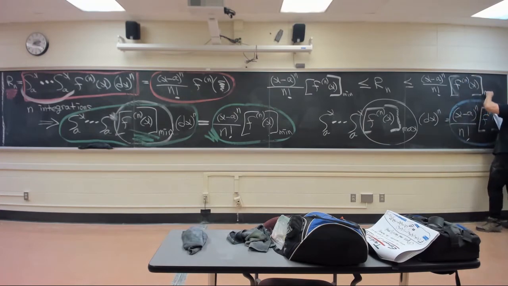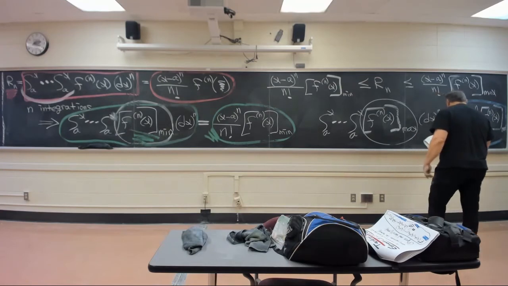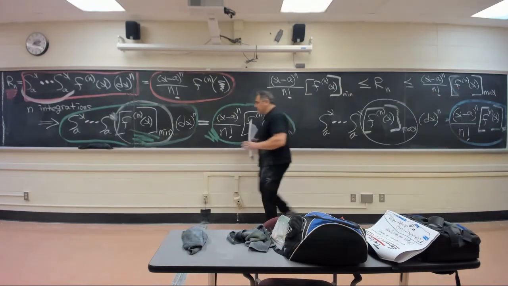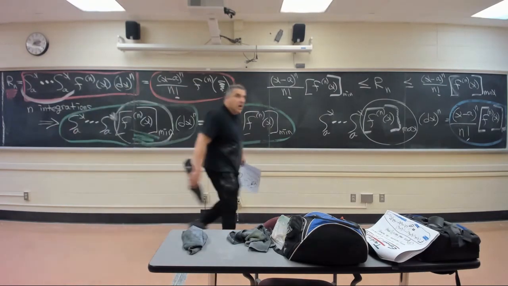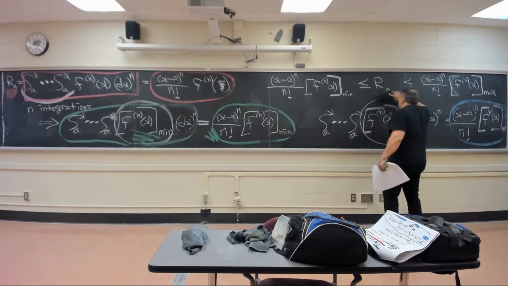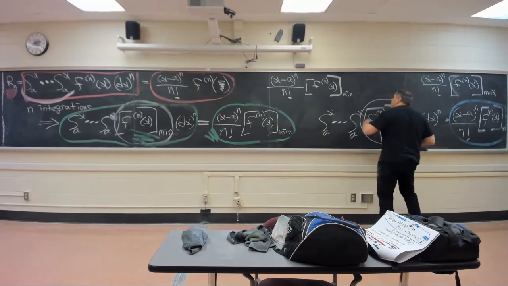Here's the max, guys. r sub n is just that multiple integration taking place. So that's r sub n, the multiple integration, which just means this.